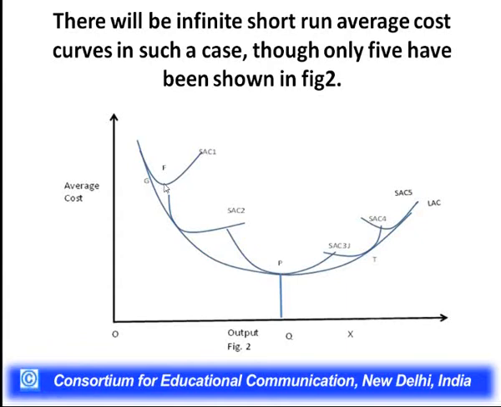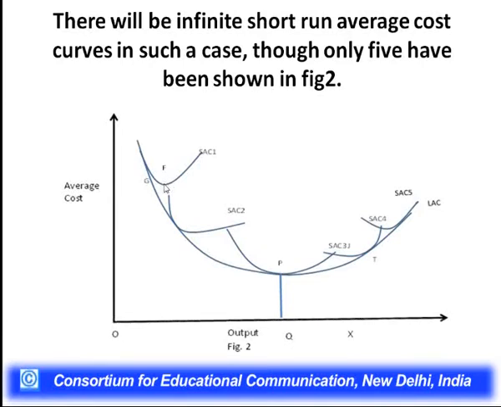This comes later on. So what does this suggest? This suggests that the firm is not fully utilizing this SAC1. There is underutilization of this plant, or there is no efficient utilization of the plant. Why? Because it can go to the other plant and can reduce the cost of production.